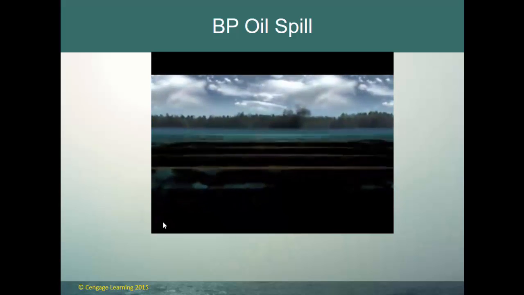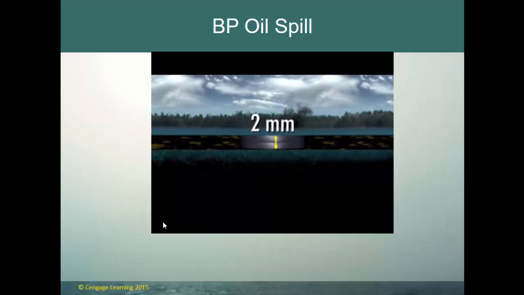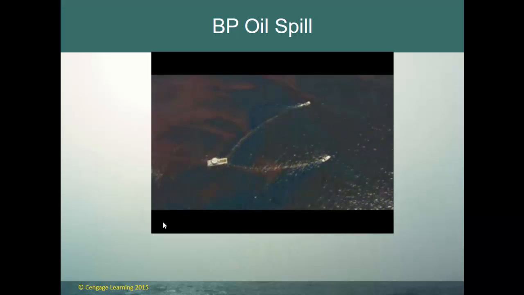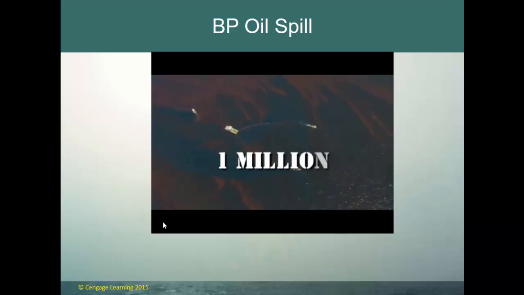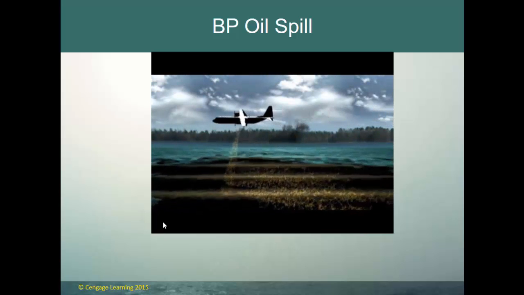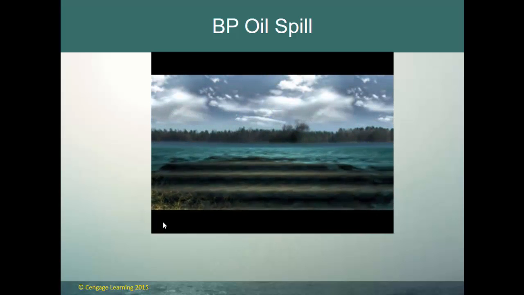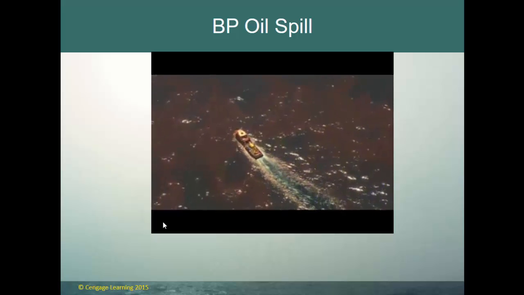The oil is a thin sheen about the thickness of a couple of nickels in some spots. The goal is to skim it off by laying out more booms in a triangular formation. So far, about 1 million gallons have been skimmed off. Aircraft are playing a role too, spraying a chemical used to break up the oil. But the slick is still growing, and there is little reason to be hopeful.